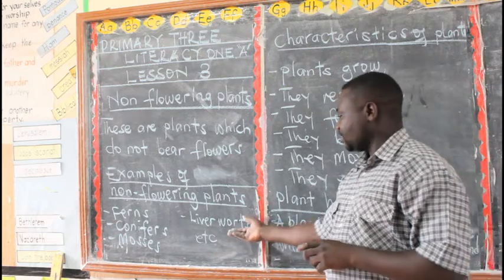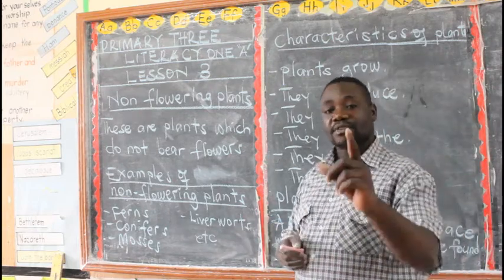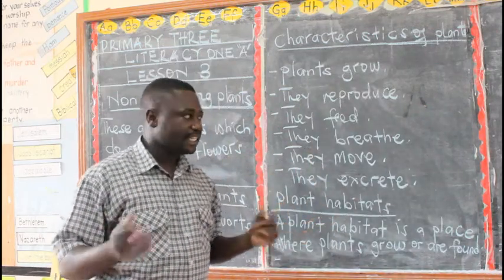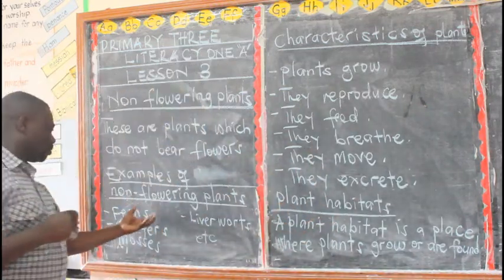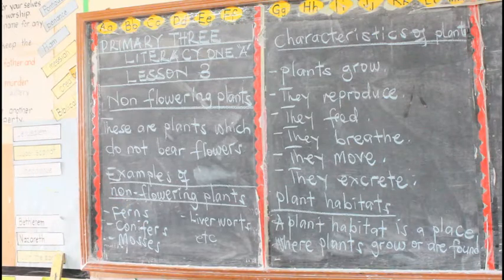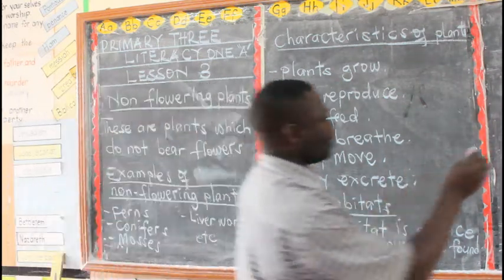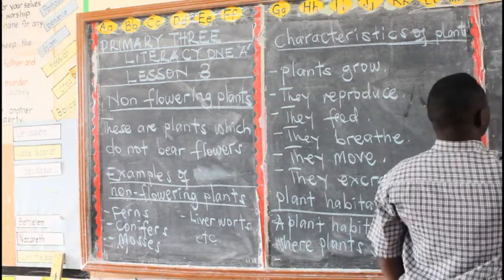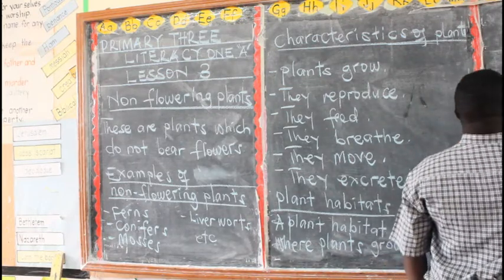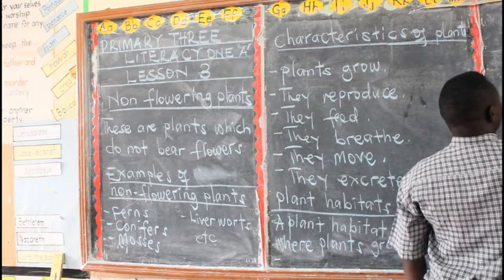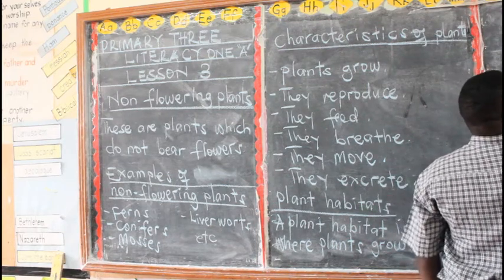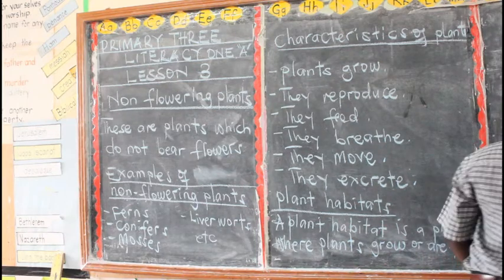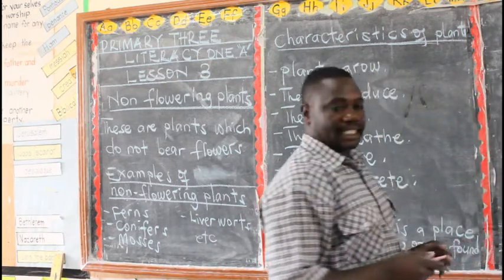Then we have liverworts. Some of you are going to ask me, where can we get this, teacher? These examples of non-flowering plants, we can get them in places such as damp tree trunks.